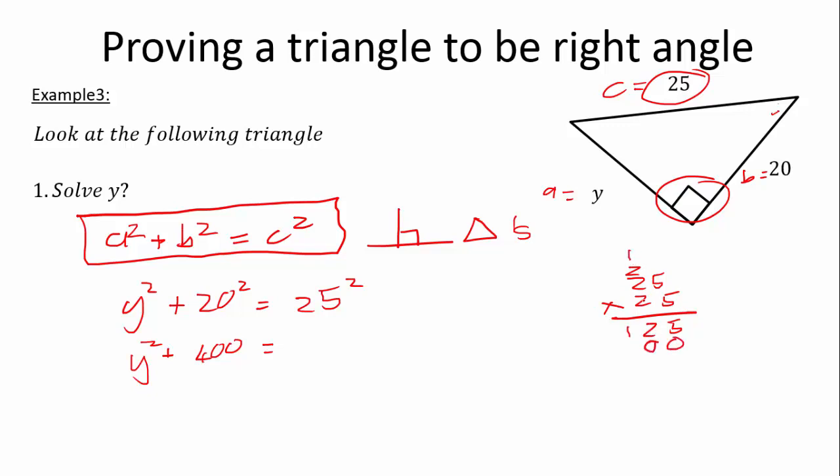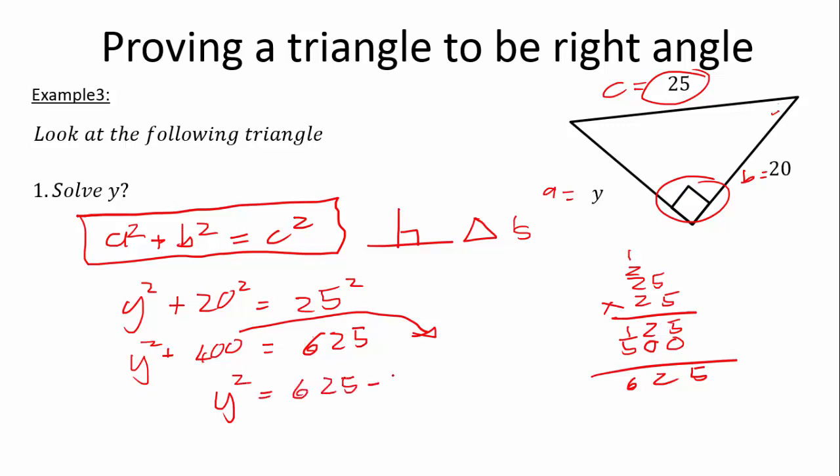We have a 0 and a 1. 2 times 2 is 4 plus 1 is 5. We know that is 625. Okay, how do we get this 400 away? Onto this side, we're going to take it there. We're going to change the plus to a minus. Y squared is equal to 625 minus 400, which is equal to 225.